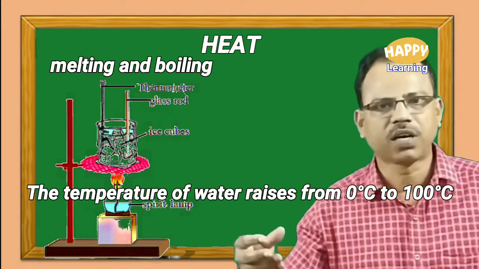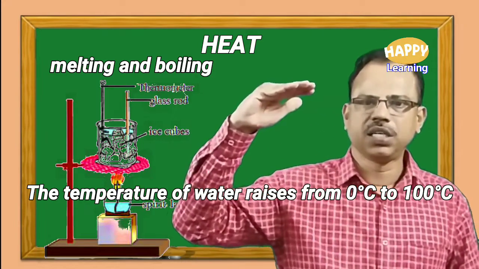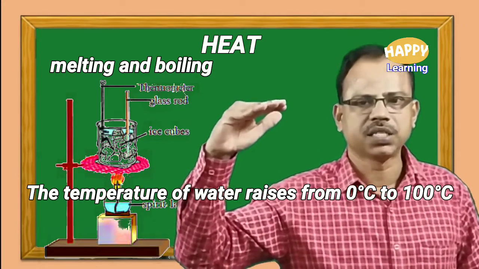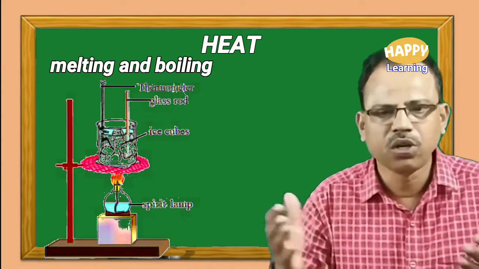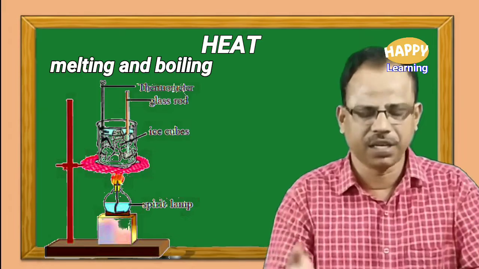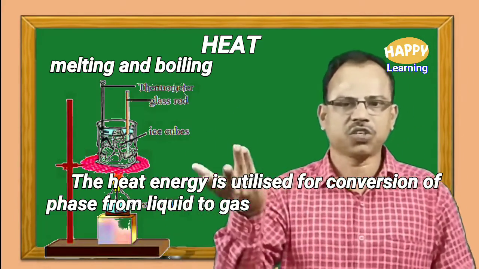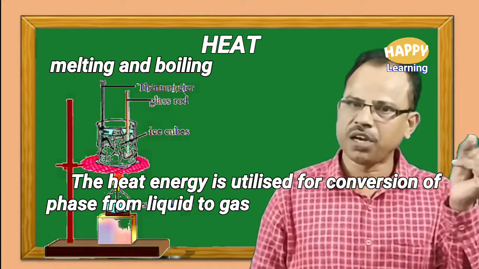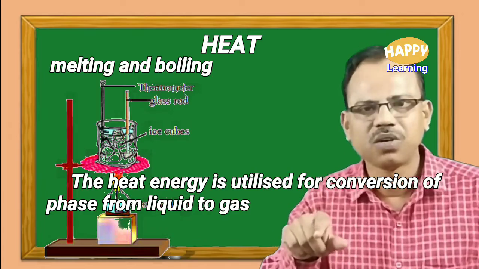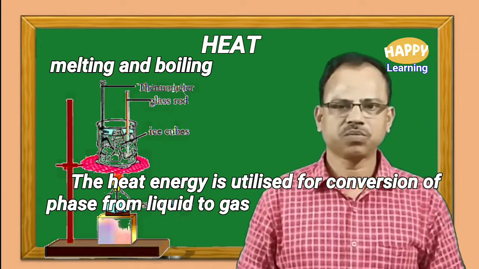The temperature of water started increasing from 0 degrees Celsius and reached a maximum of 100 degrees Celsius. Now at 100 degrees Celsius, though you are continuously giving heat, this heat energy is utilized for conversion of phase. There it was conversion from solid to liquid. Now this conversion is from liquid to gas.